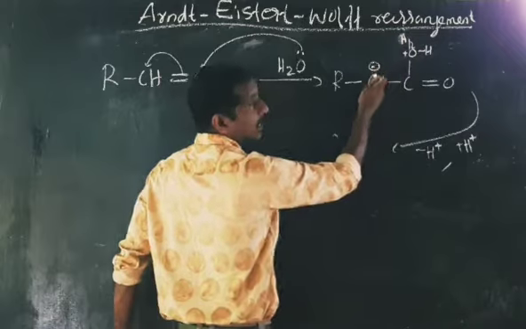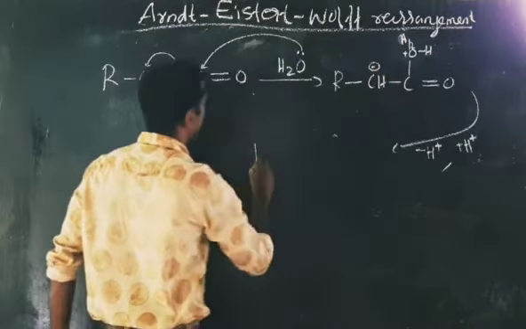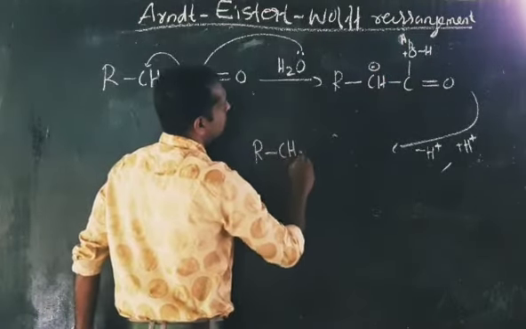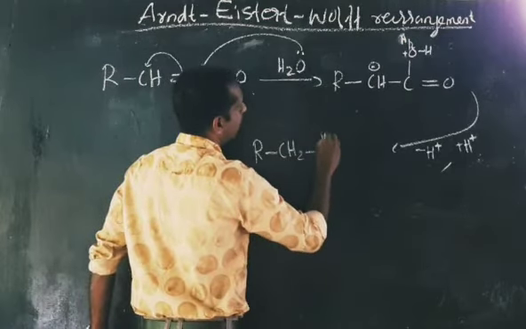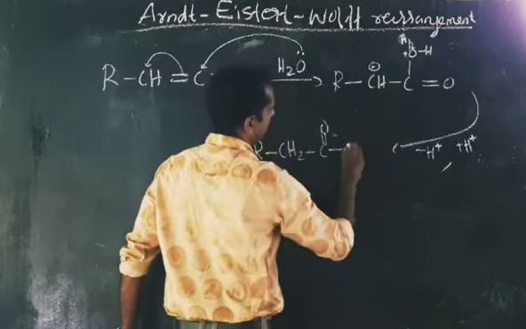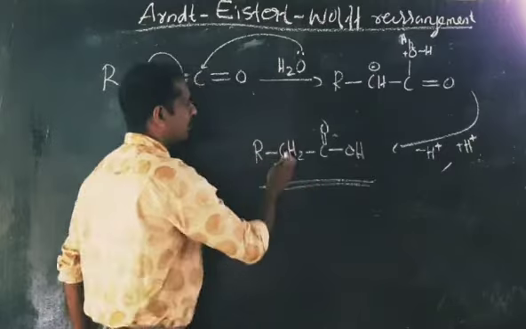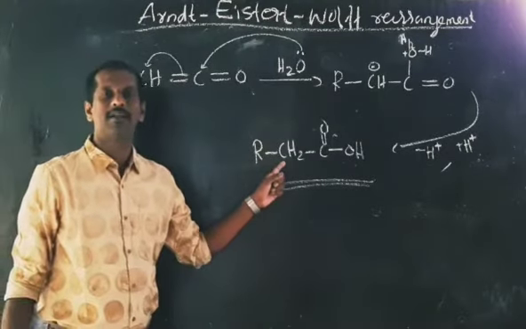That proton attacks the negatively charged carbon, plus H plus, and we get CH2, C double bond O, OH. This is our carboxylic acid with an additional carbon atom.